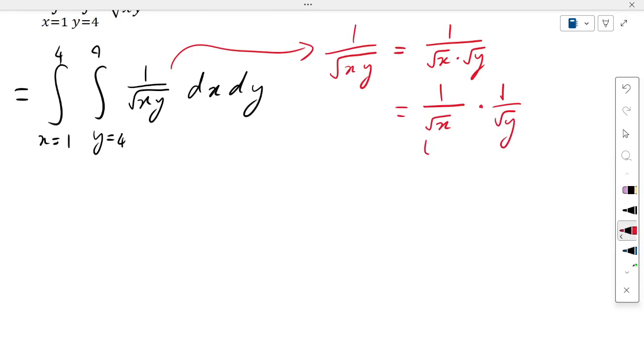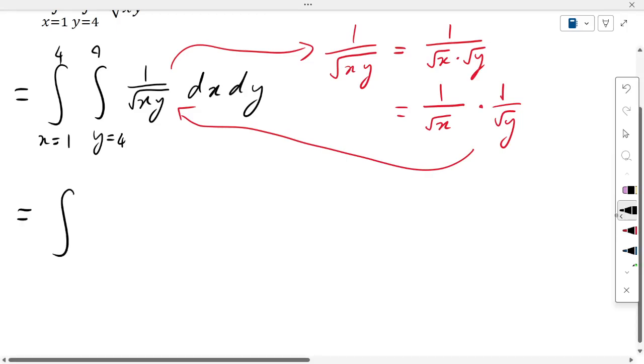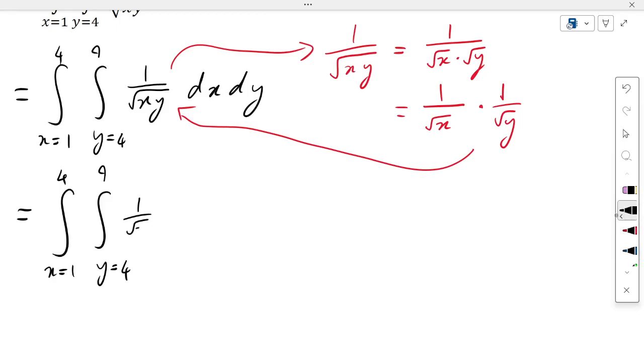So I'm just going to write this into that. Therefore what we're going to have is the integral from x equals 1 to 4, the integral of y equals 4 to 9, of 1 over root x multiplied by 1 over root y with respect to x and dy respectively.